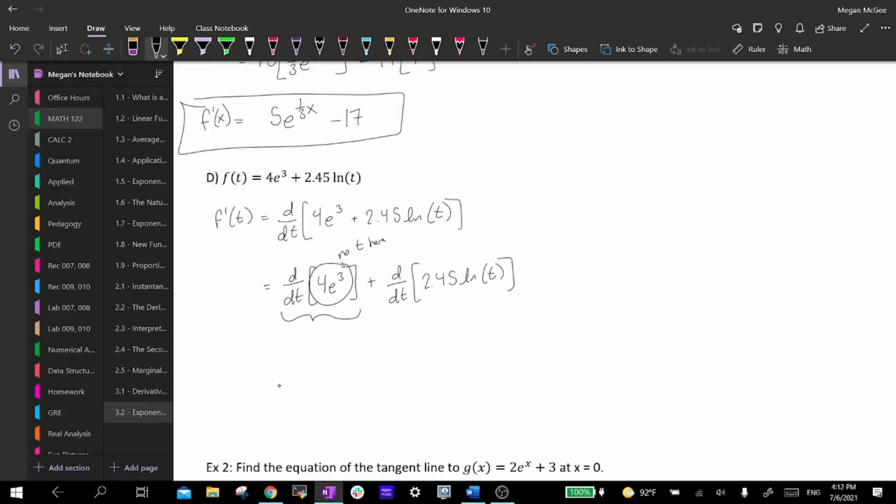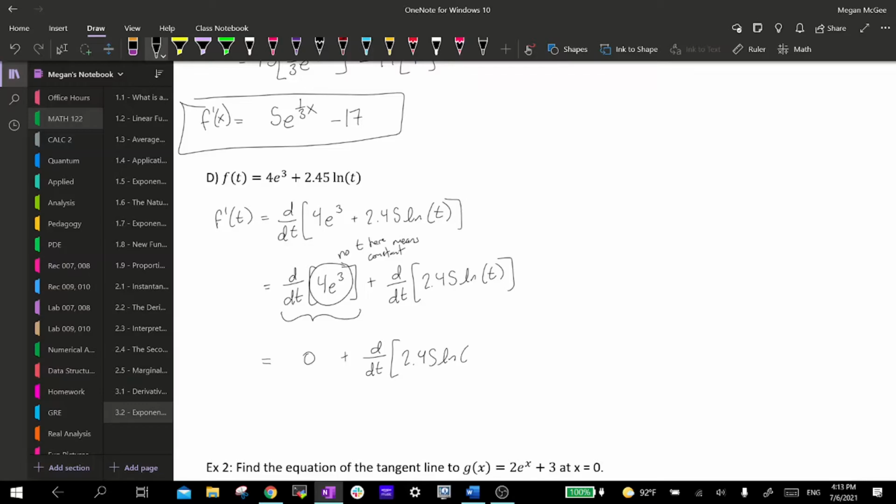So that should tell us there's no variables, which means it must be a constant. So 4e cubed is a constant. And we know that the derivative of a constant is 0, isn't it? So we could just go ahead and say, well, that's 0 plus whatever this derivative is.